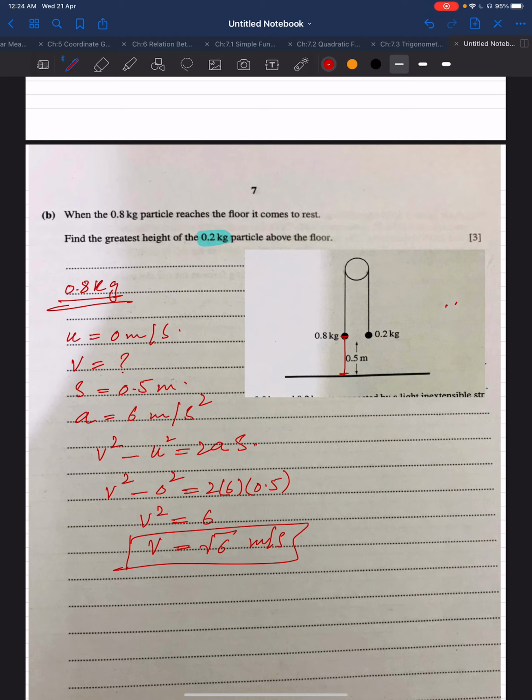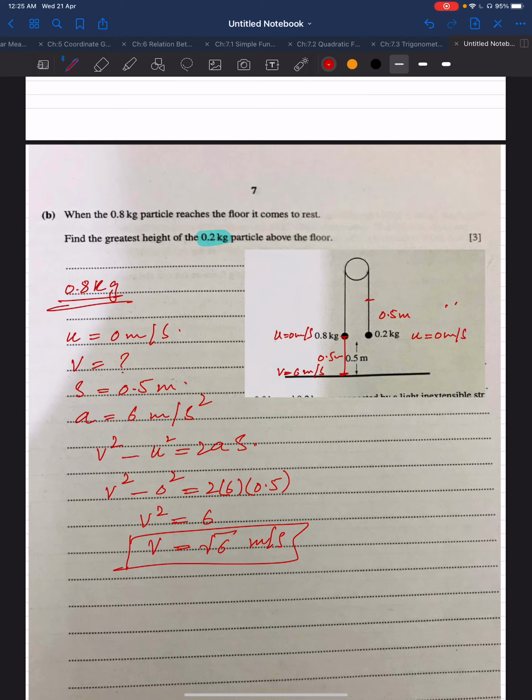Now, as they are connected by the same string and the tension in the cable is equal everywhere, when the 0.2 kg started moving upwards, its initial velocity was 0 meter per second, and it went up 0.5 meter as the other came down 0.5 meter. It hits the ground with v equal to square root of 6 meter per second.